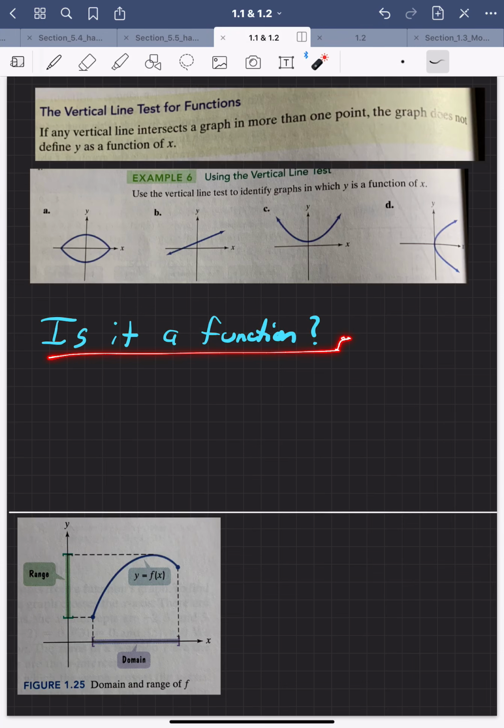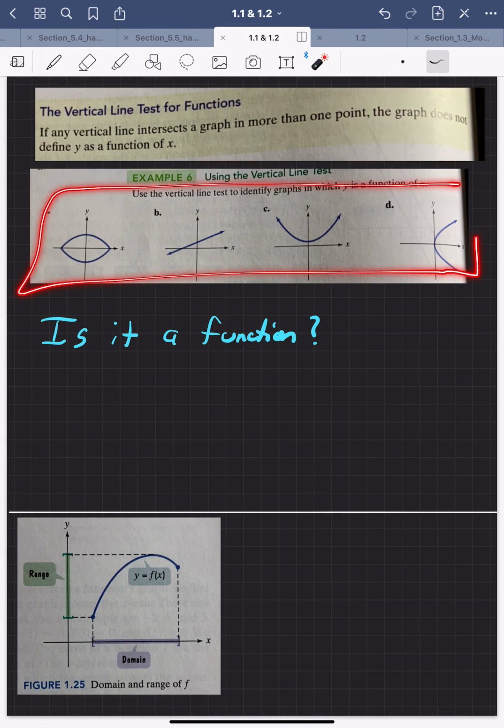If I gave you an equation, you would be able to tell me yes or no, it's a function. If I gave you some points, yes or no, it's a function. Now, what if I give you a graph, but I ask you the same question, is it a function? Watch how easy it is to tell if it's a function from the graph, from the geometry.